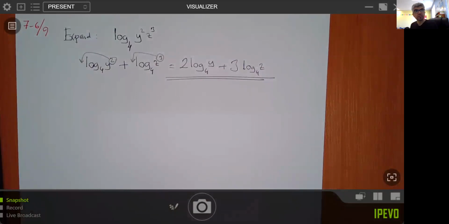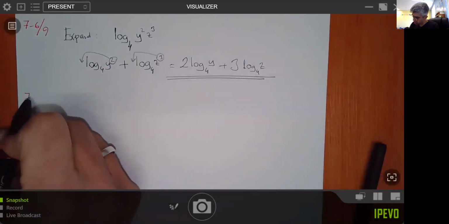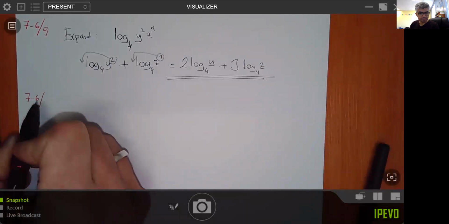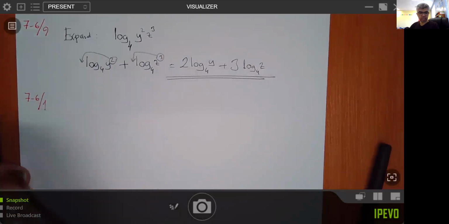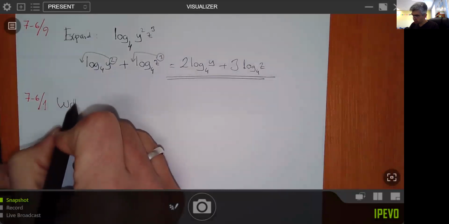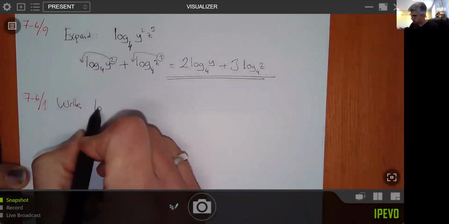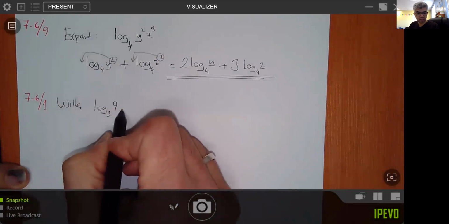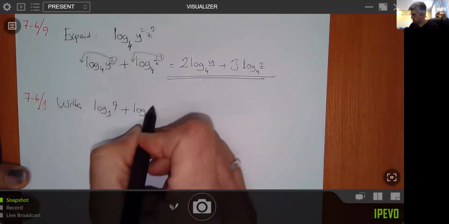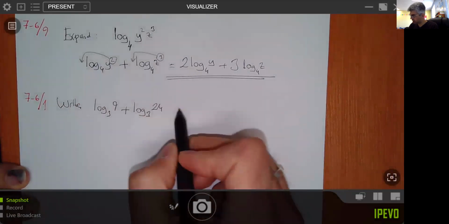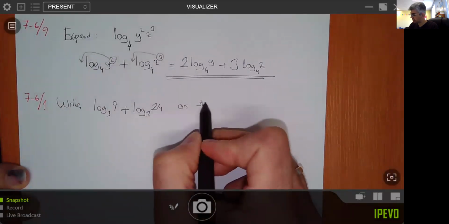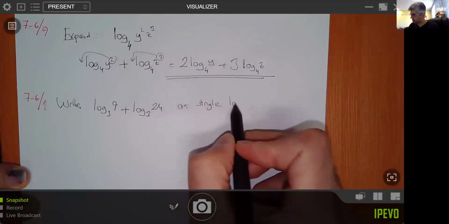Okay. And there is one more question from the same worksheet, 7/6/1. It says write each expression as a single logarithm. So we have log of 9 base 3 plus log of 24 base 3 as a single logarithm.